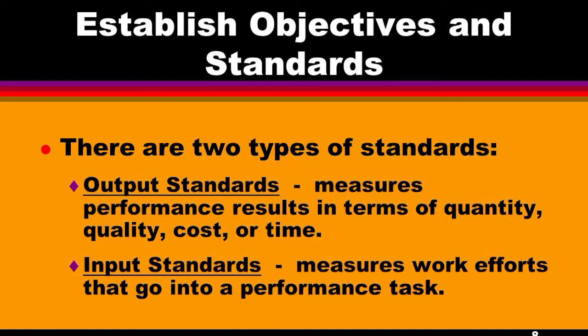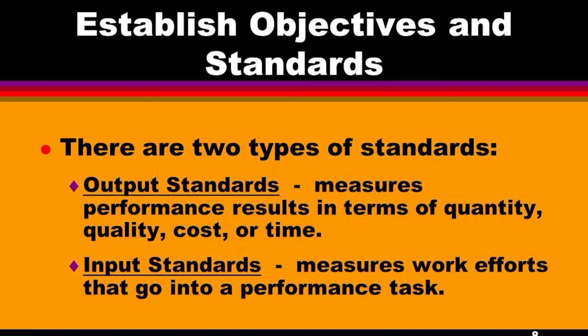In the case of time, those people who complete their task within the time or less than the time are the worthy people. So output standards are quantity, quality, cost, and time.